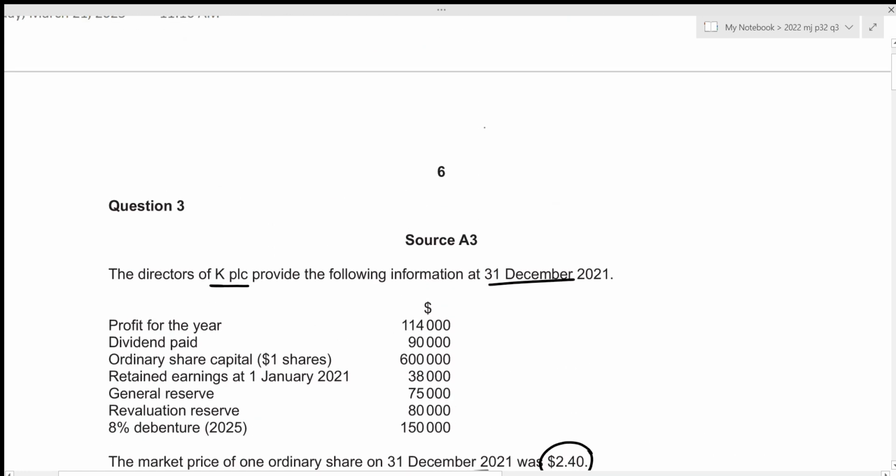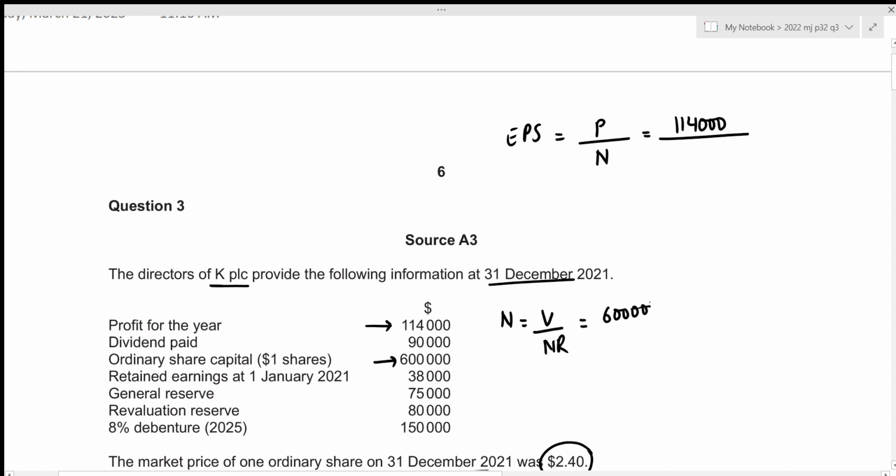Remember that the formula for earnings per share is just the profit for the year divided by the number of outstanding ordinary shares. In this case, the profit for the year is given to be 114,000. Now we need to divide it by the number of shares, which is just the value divided by the nominal rate. The value for ordinary share capital is 600,000 and the nominal rate is given to be 1, which means that our number of ordinary shares is also 600,000.